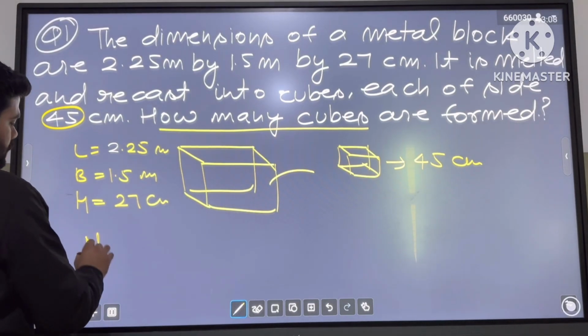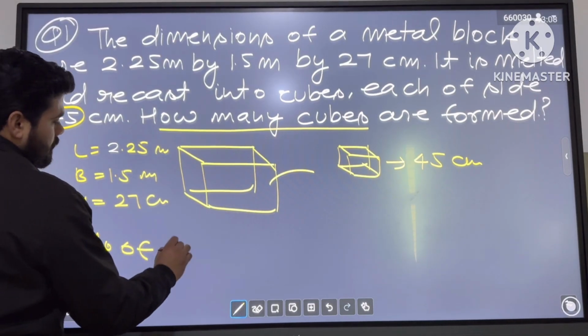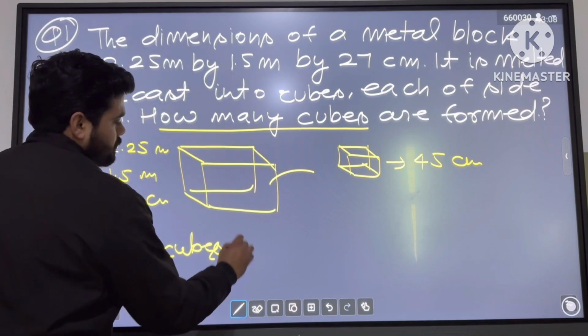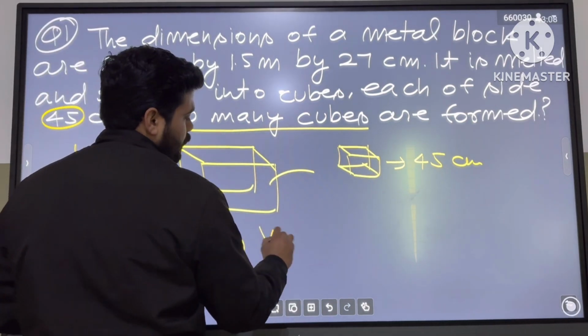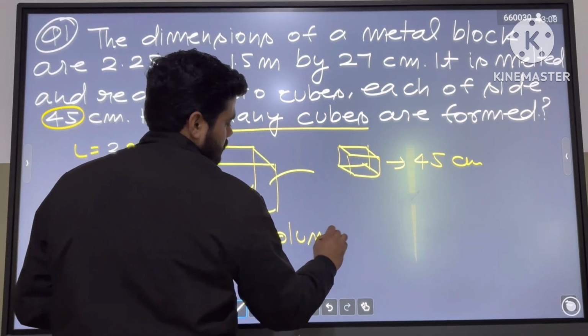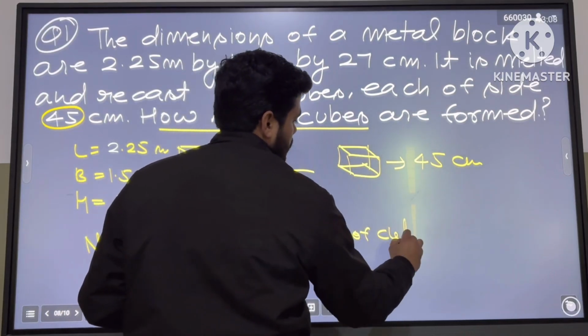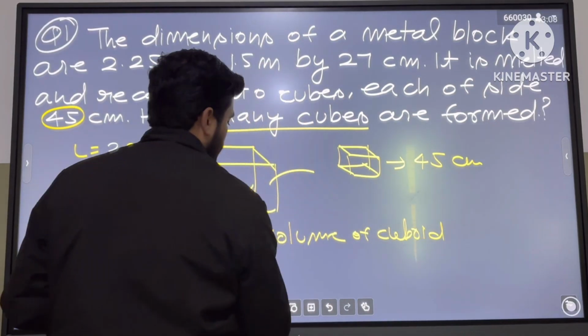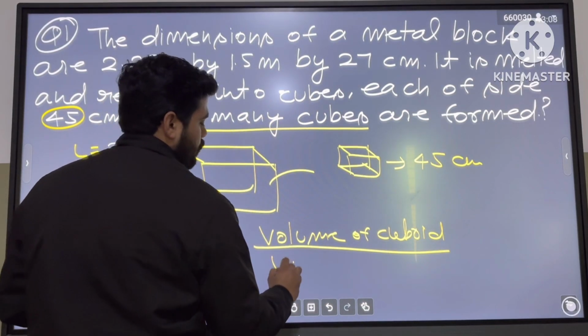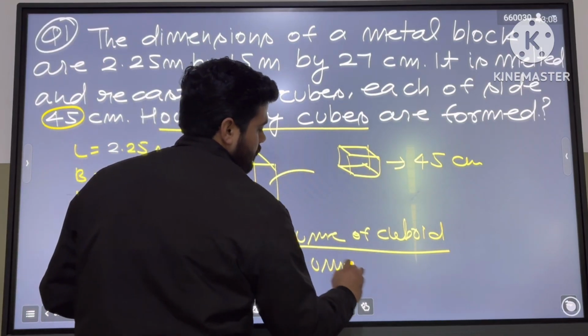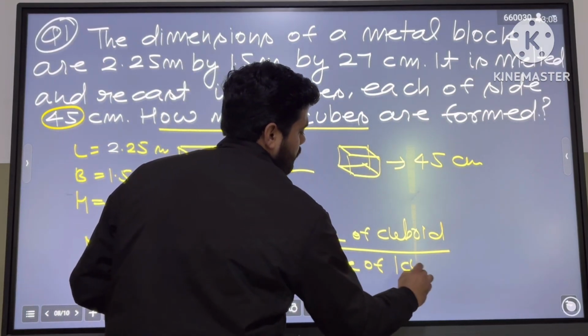So number of cubes is equal to volume of cuboid upon volume of one cube.